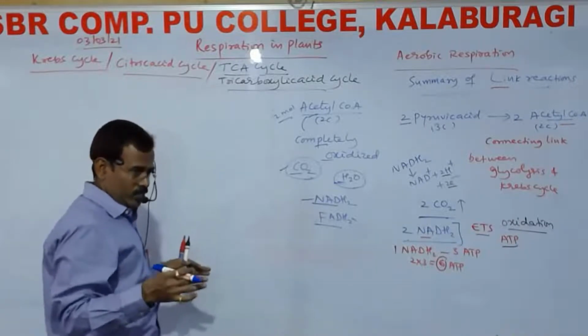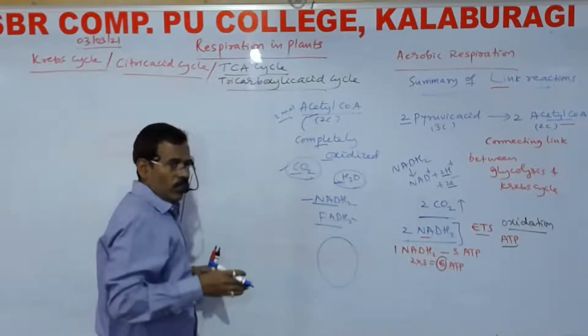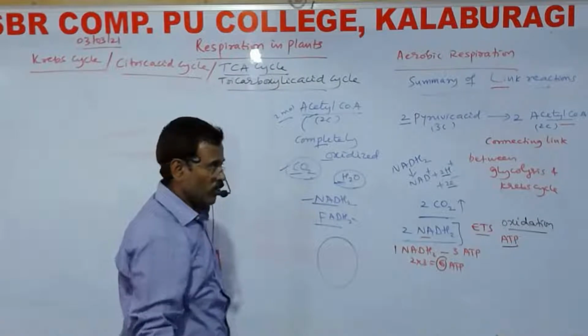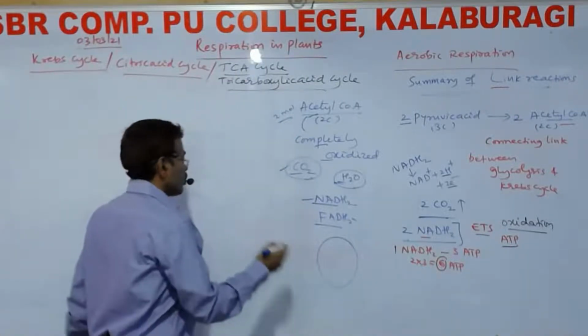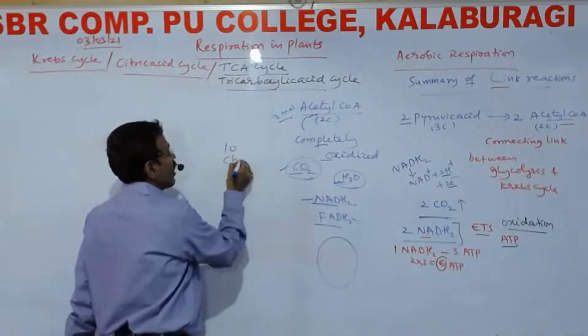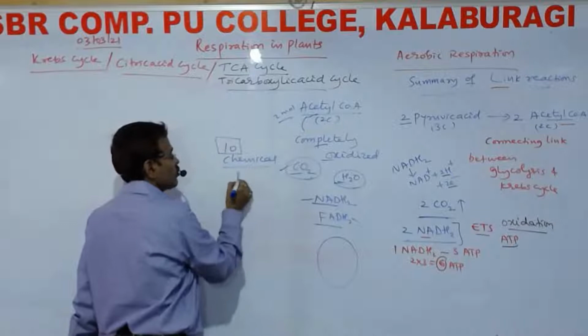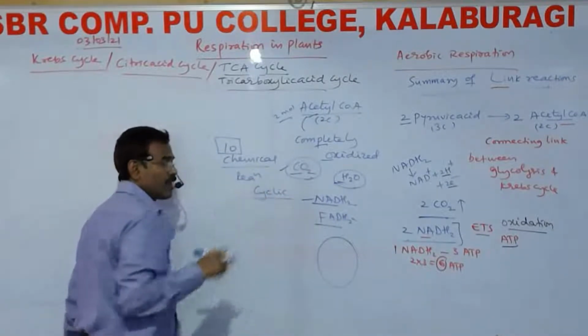These reactions occur in the form of a cycle. Glycolysis occurs in a linear pathway, whereas here it occurs as a cyclic reaction. Around 10 chemical reactions are there. These 10 chemical reactions occur in a cyclic manner. That's why it is called a cycle.